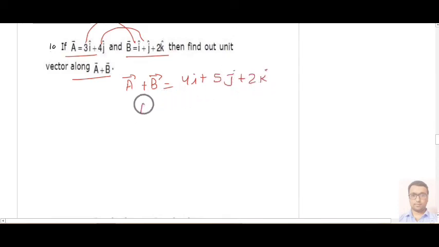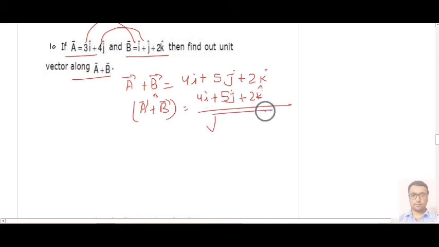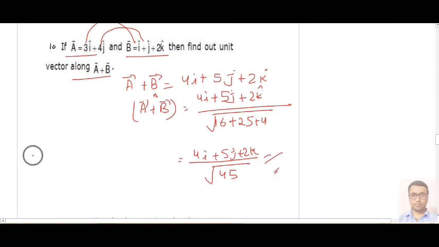So the unit vector, that is A plus B n cap, will be the vector upon its magnitude. And the magnitude is the square root of the coefficients squared: 16 plus 25 plus 4, so it will come out as root 45, and the vector is 4i plus 5j plus 2k. In this way you can calculate.